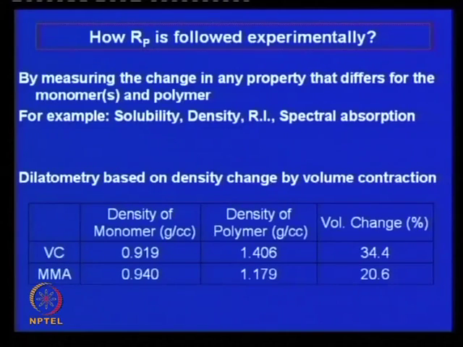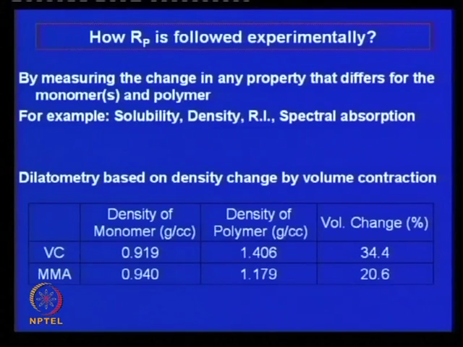Now, the question is how this rate of polymerization is experimentally followed, how it is evaluated. Well, you can say, sir, you are showing us with the help of these expressions that this is the way to get the rate of polymerization, but how to experimentally evaluate it?